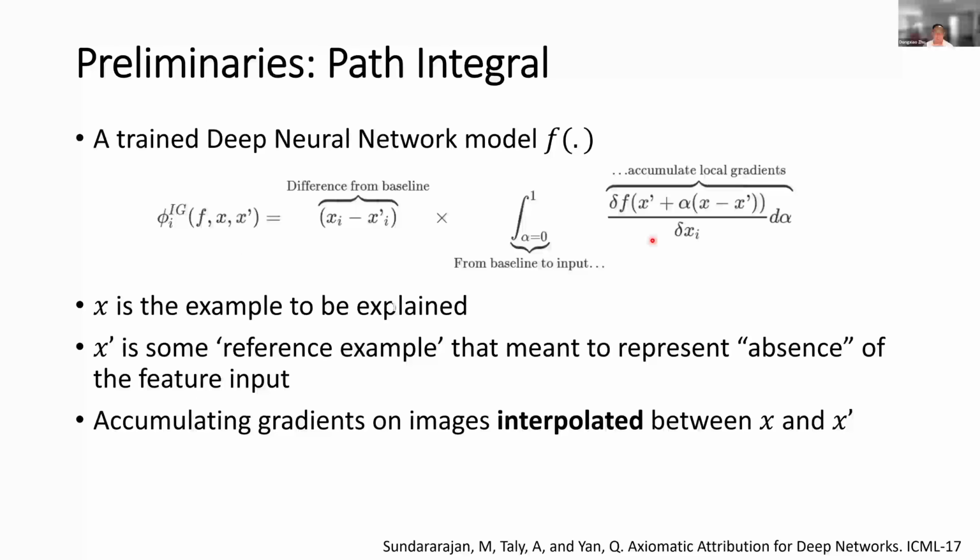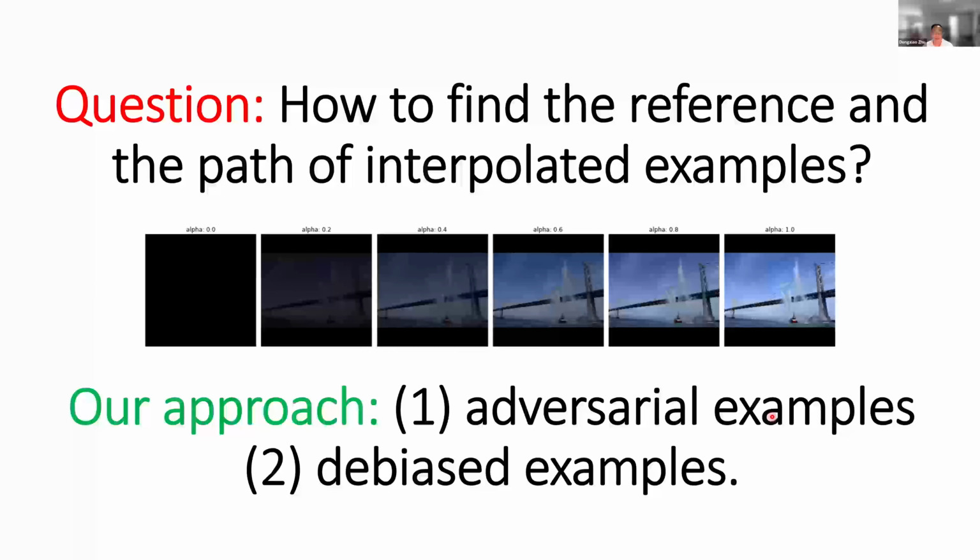This formula basically uses a range instead of a single point, right? We accumulate the gradients of images interpolated between the 2 points, so that even a small perturbation on the input does not change the explanation too much. Yeah, so this is more like the technical details of how to find the reference so that we can do the explanation, right?